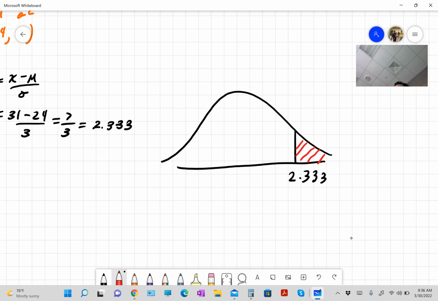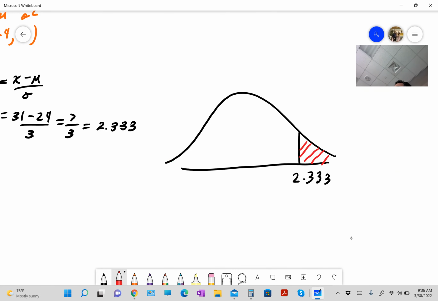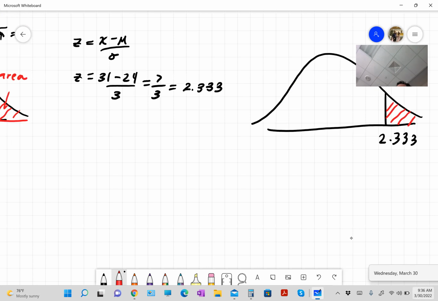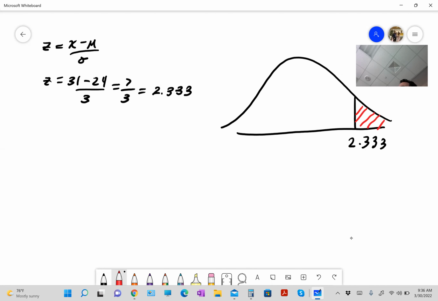Now, just to be clear, our table does not find areas to the right. It's always areas to the left. So what you want to do is find the area to the left of that.